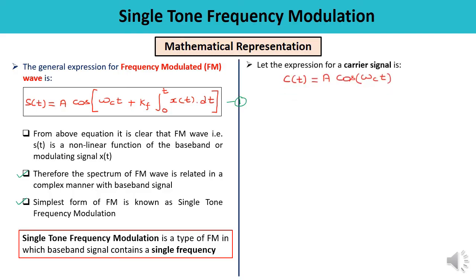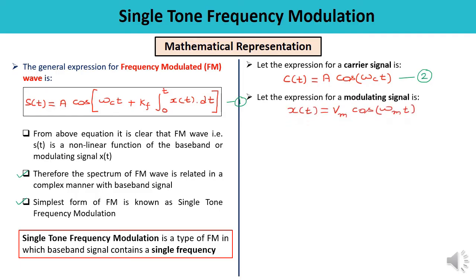To start with, let us write down the expression for the carrier signal. The equation for the carrier signal is c(t), which is equal to A cos omega c t. Now, if we say that the modulating signal is represented by x(t), which is equal to Vm cos omega m t, what would be the expression of the frequency modulated wave?